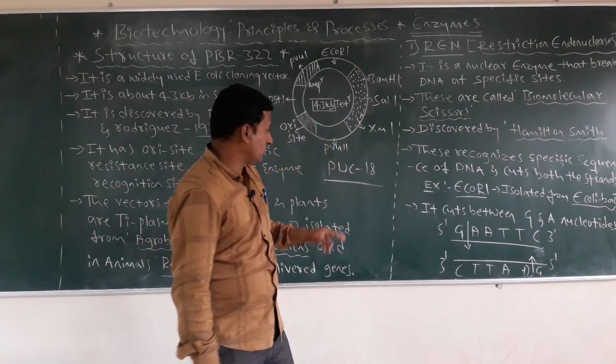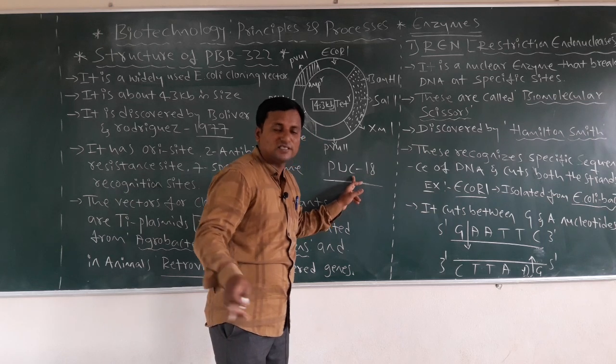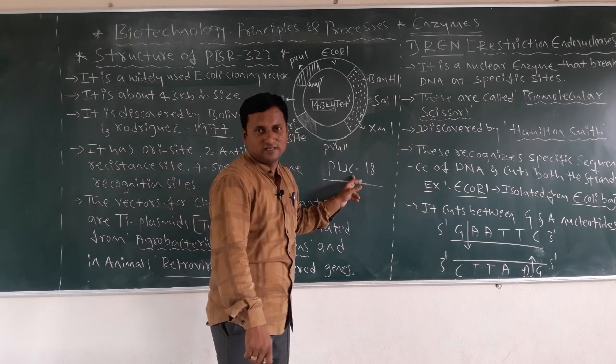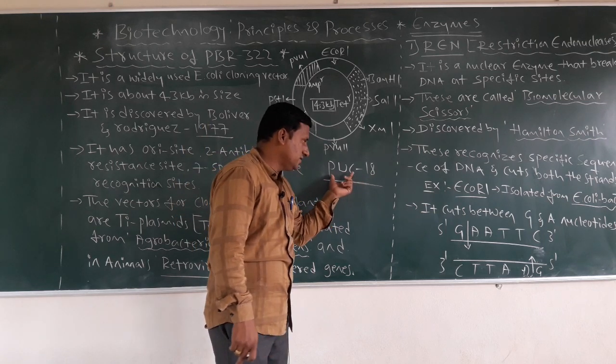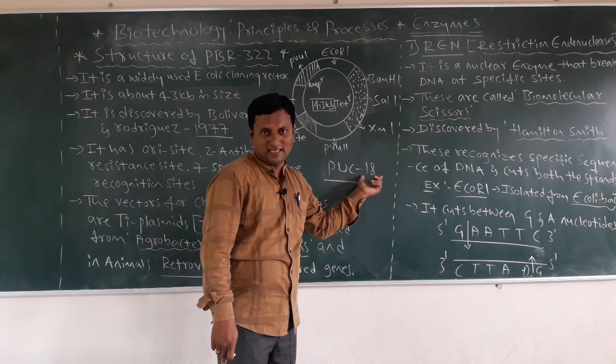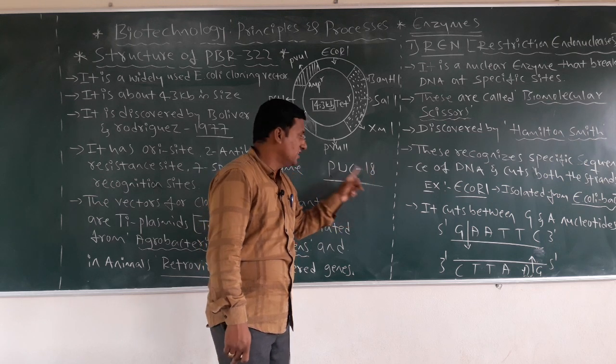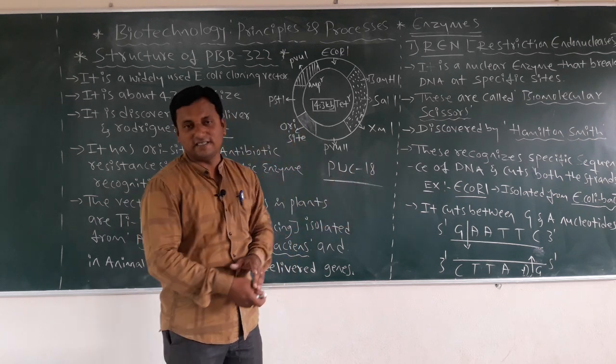Plasmid of University of California, first discovered at California University, that is why it is given pUC, and it is the 18th plasmid, with the endonuclease concepts. So you must remember it as pUC18.